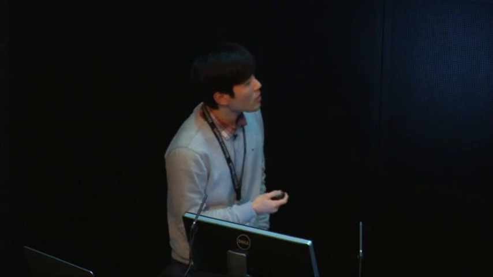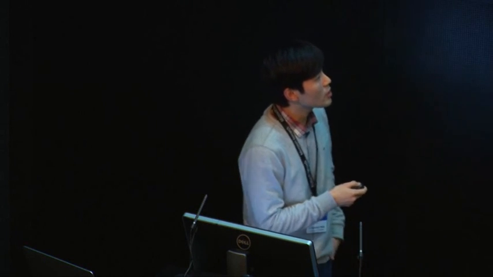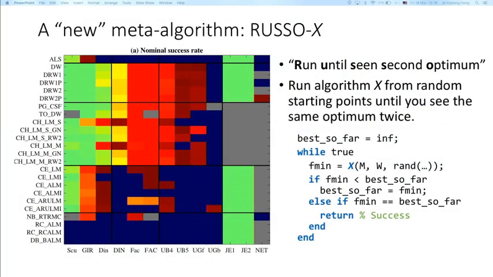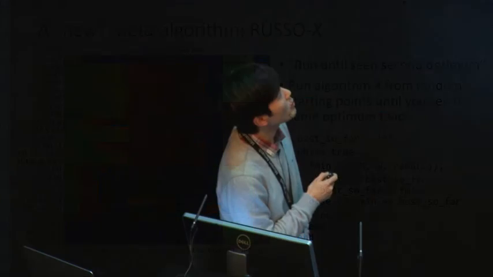So our approach was that if we can somehow make each algorithm work 100%, well, not 100%, but as well as possible, then we can just compare the runtime of these different algorithms. So we came up with this very simple, it may sound stupid, thing called RANSAC-style Rousseau, where basically we run each algorithm until we see two optima twice, each of which has to be the best one we've observed so far.